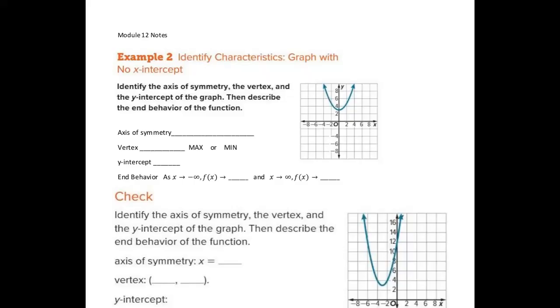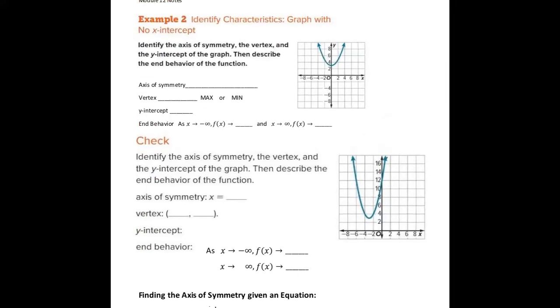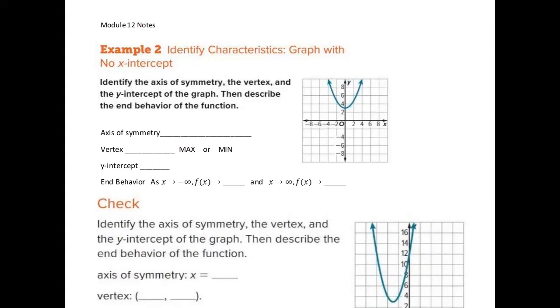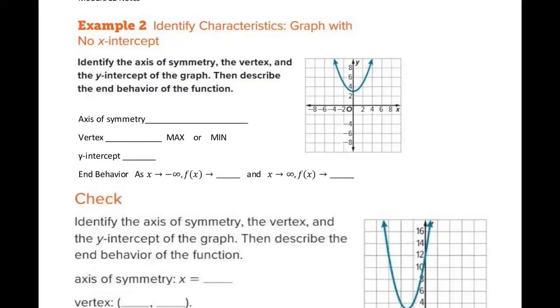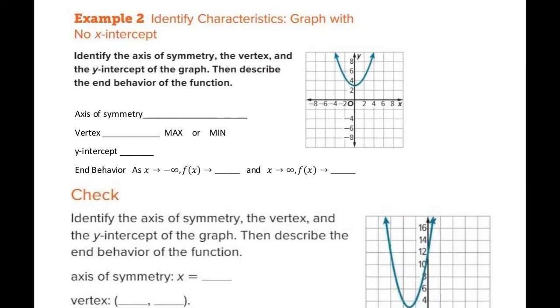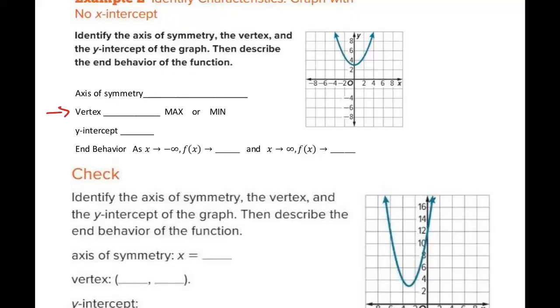Now, notice we've got some different examples here. Now our parabola is not crossing the x-axis, okay? Identify the axis of symmetry, the vertex, y-intercept, and end behavior. Let's go with vertex first.